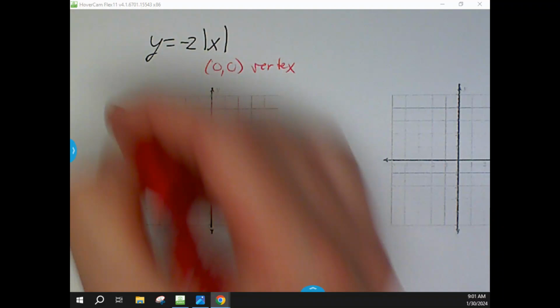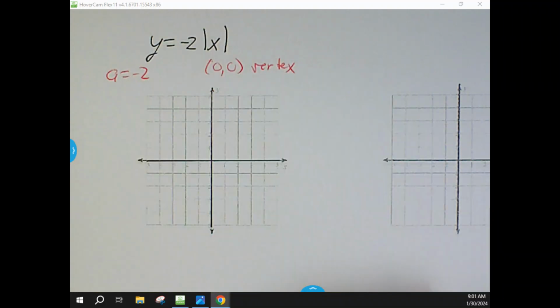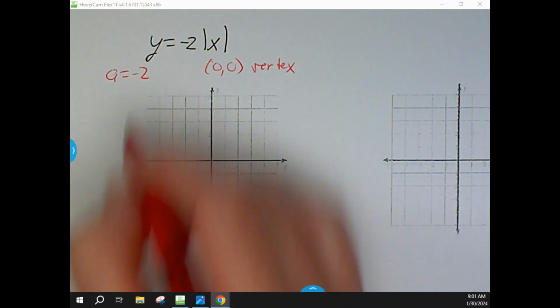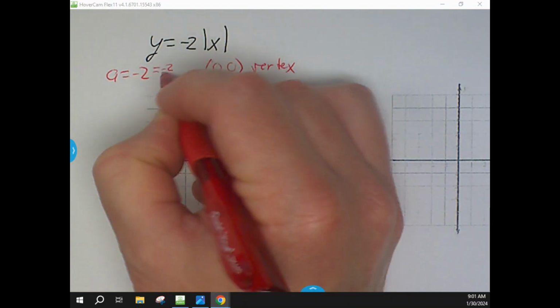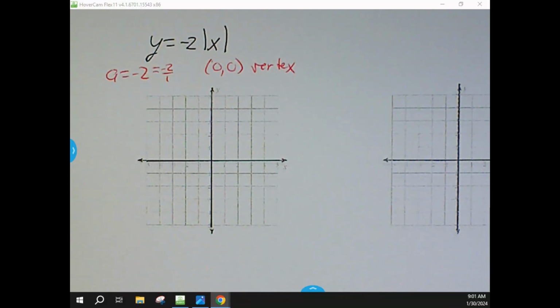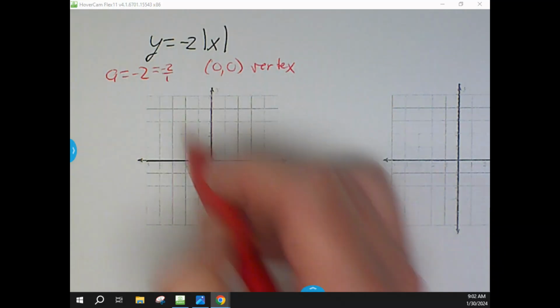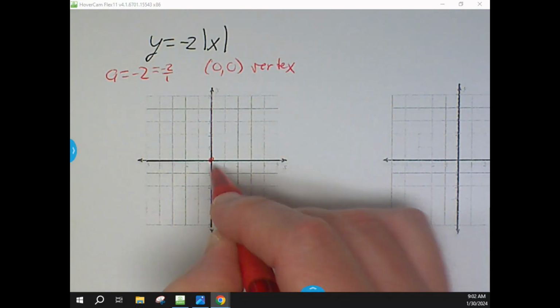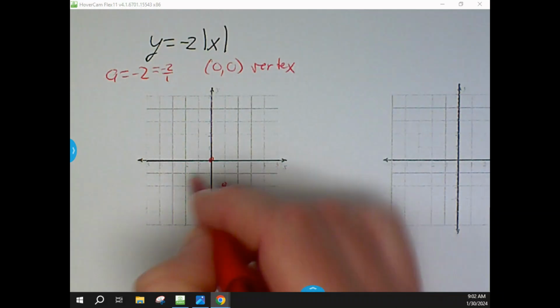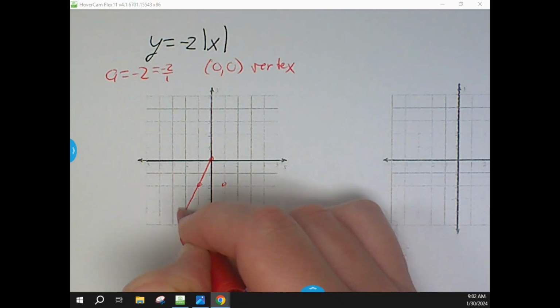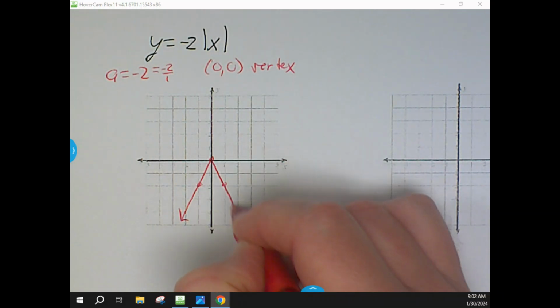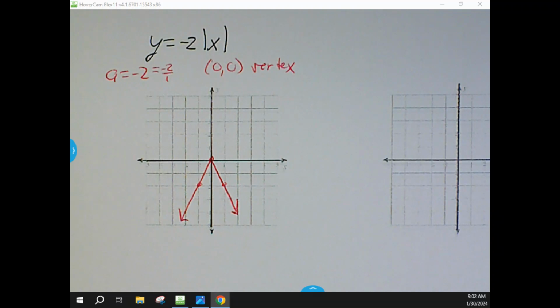Our a value in this case is -2, but again, we got to think about it kind of like slope, so that's -2 over 1. Okay, so vertex is 0, 0. Again, we're going to go down 2 over 1 to the right side, down 2 over 1 to the left side. So we're going to graph something like that.